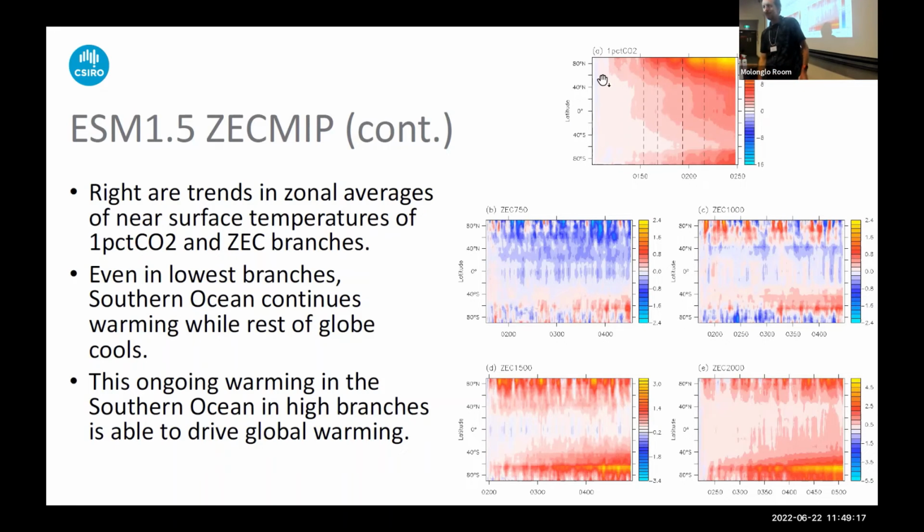But switch over to the ZEC branches, and in the lower ZEC branch, a lot of the globe does cool down, except that there is some ongoing warming in the Southern Ocean, albeit small amounts. Contrast that to the high branch, and there's significant warming ongoing in the Southern Ocean, and you can see that starting to drive the climate temperatures as well.